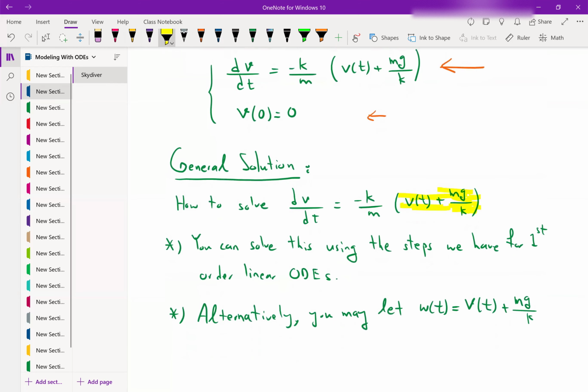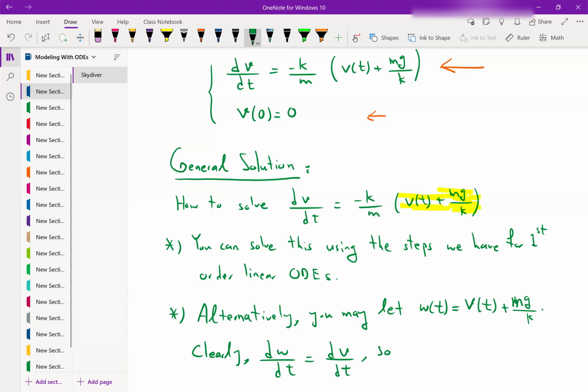Now, notice that this mg over k is a constant number. So clearly, the derivative of w with respect to t is exactly the same as the derivative of v with respect to t, because mg over k is a constant number.